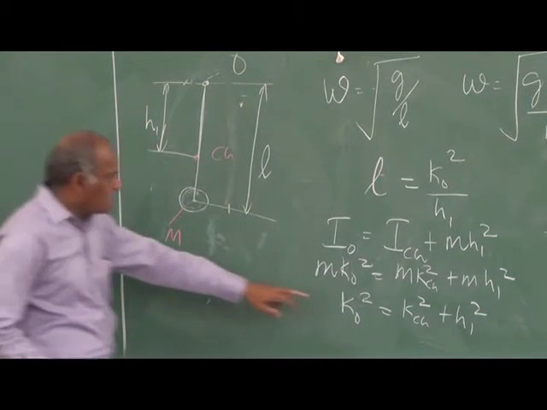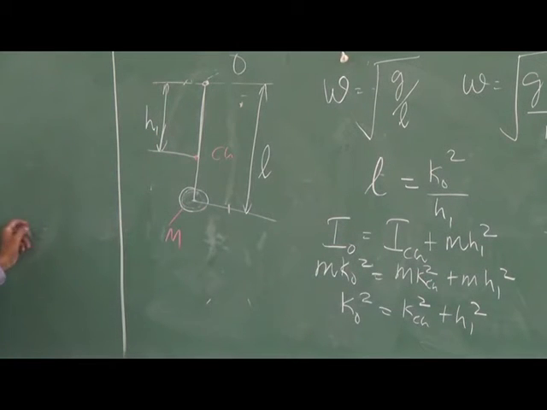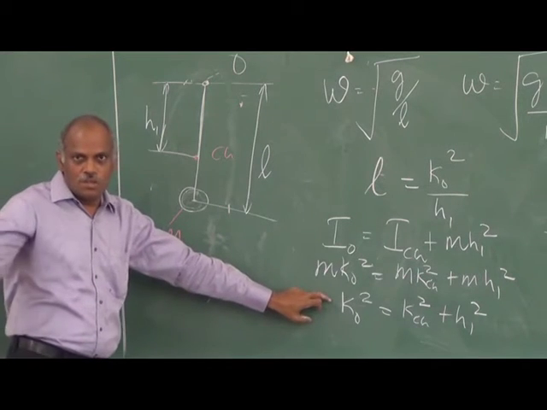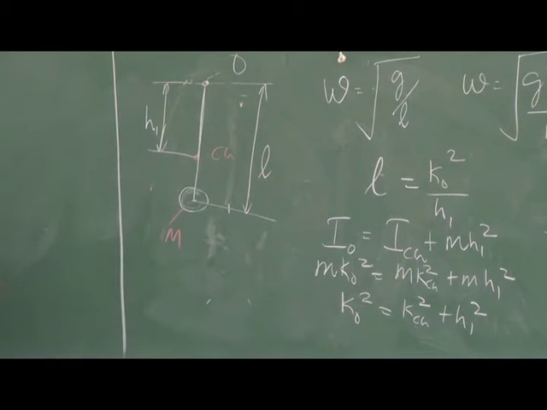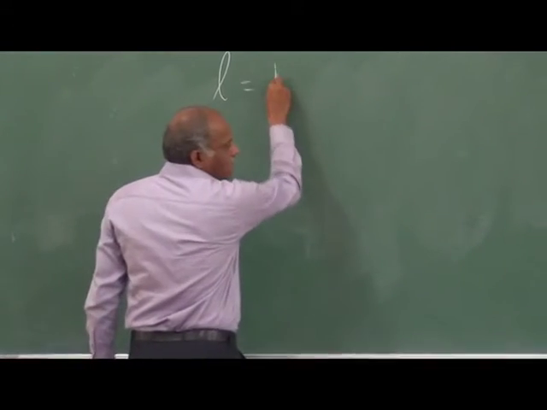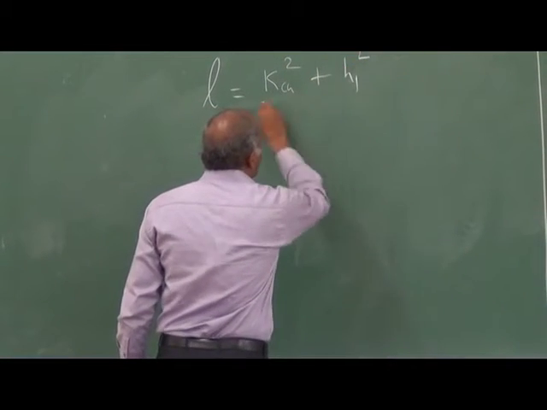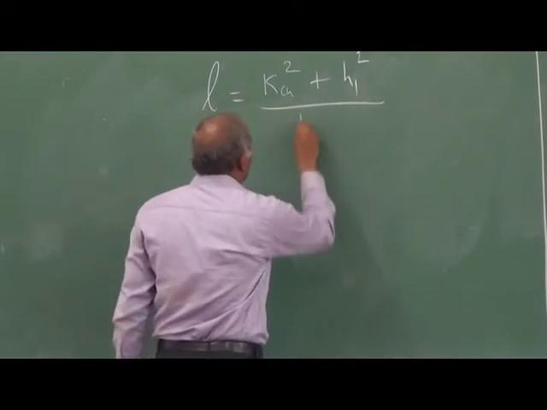Now I will substitute this K0 square in this equation, where now L will be equal to KCG square plus H1 square divided by H1.